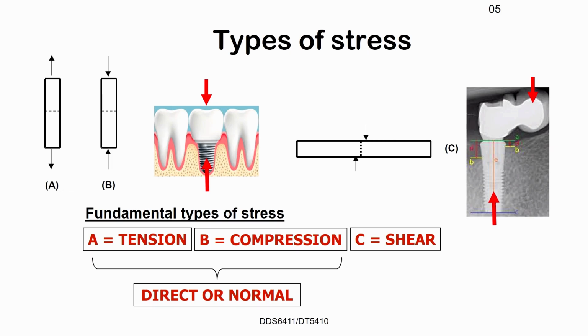The implant is still going to give you a vertical force, but there's a separation of those two forces in terms of distance. Whenever you have a separation between two forces, you create shear. The implant and your bridge are moving in different directions. Tension and compression are called direct or normal stresses. The shear is shear.